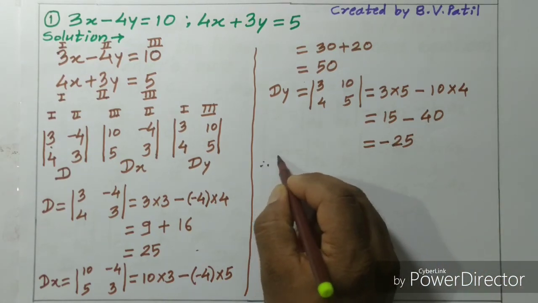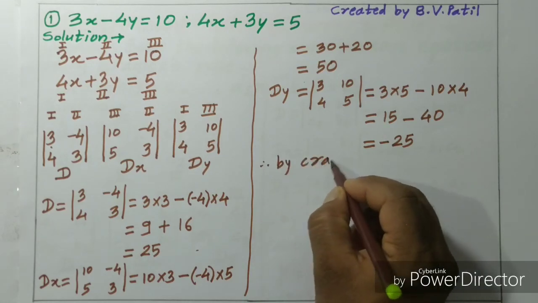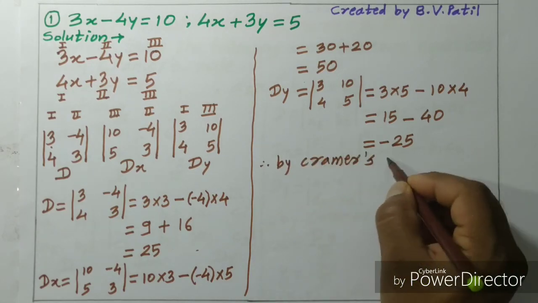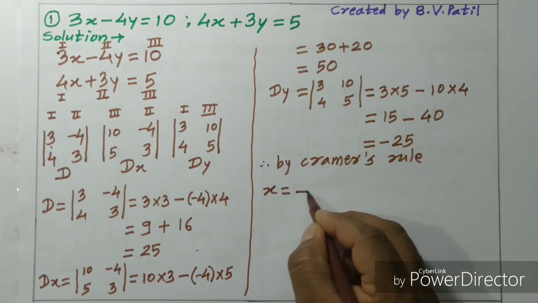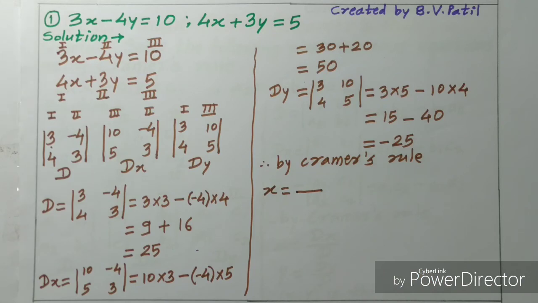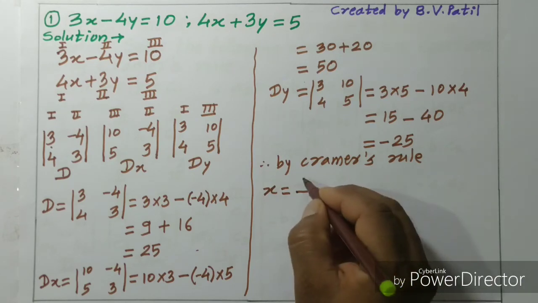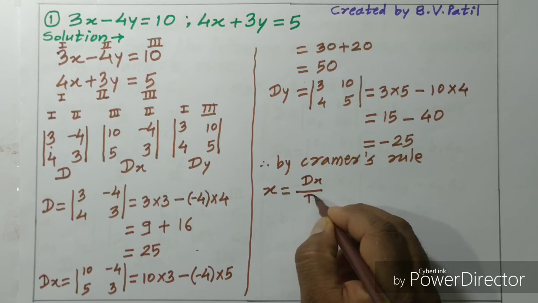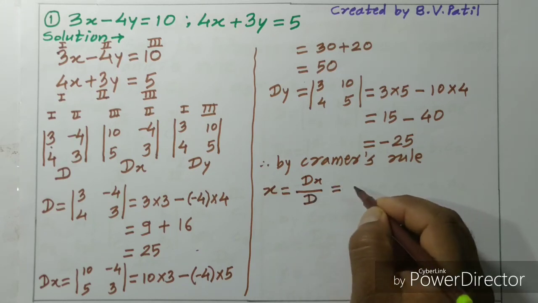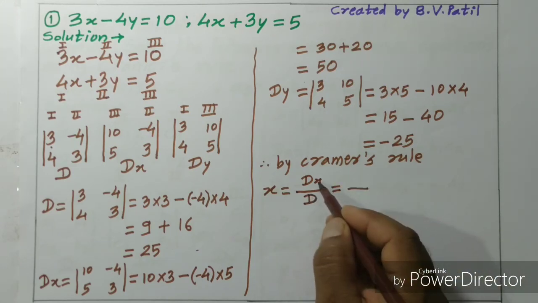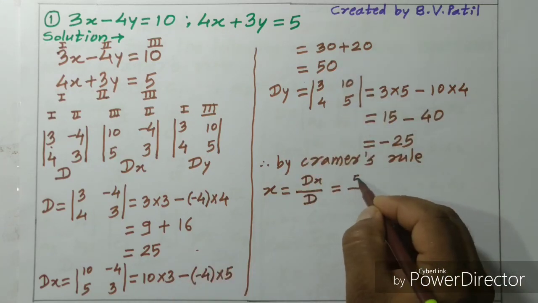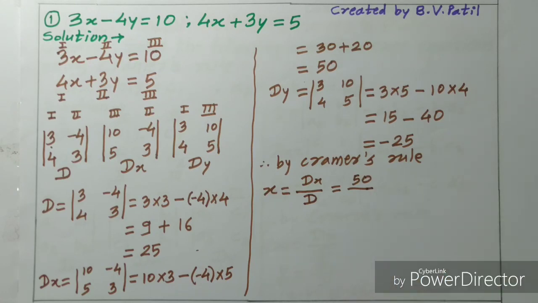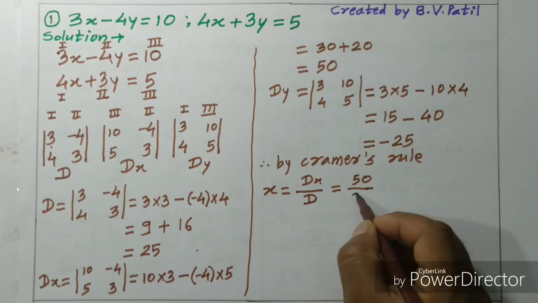Therefore, by Cramer's rule, x is equal to which formula do we get here? dx upon D. Substitute values. The value of dx is 50 divided by the value of D, which is 25.